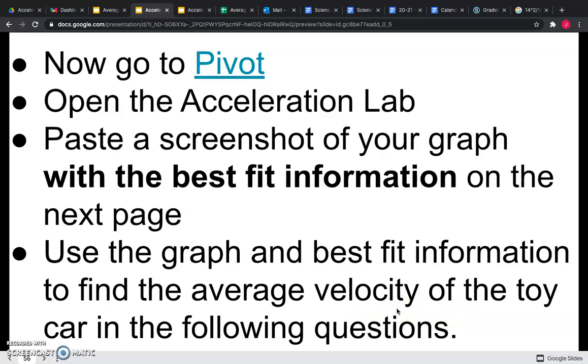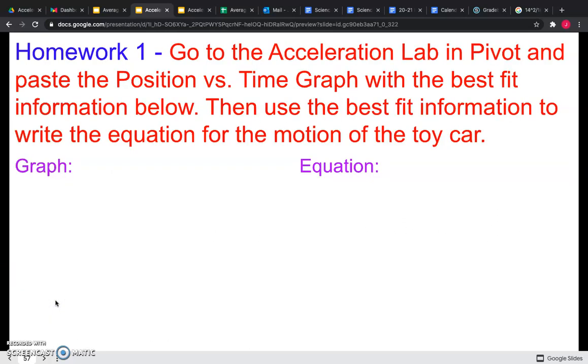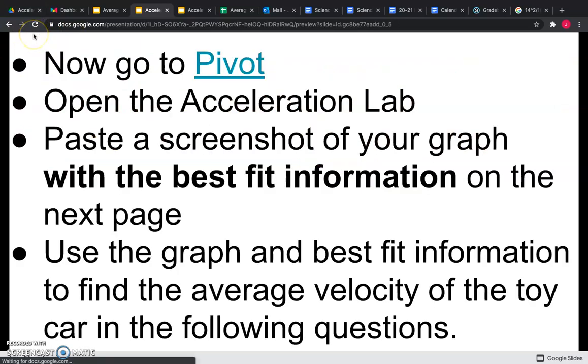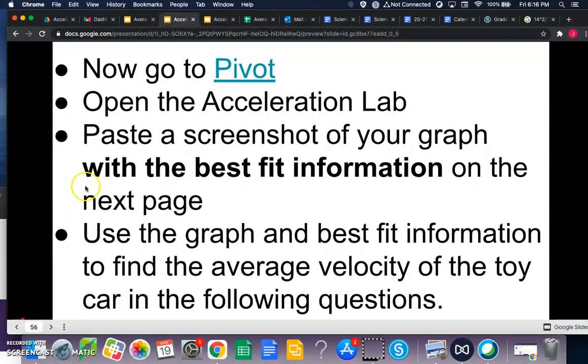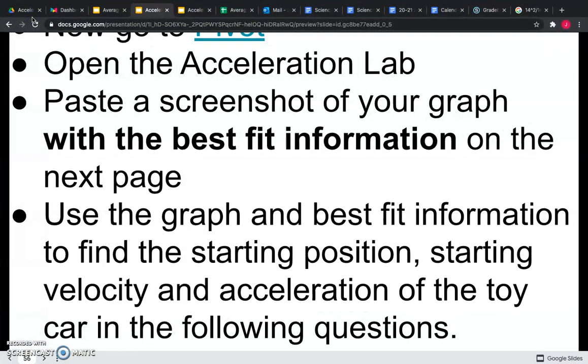Well, hold on 1 second here. Let me fix this. Sorry about that. So you're going to use the graph and the best fit information to find the starting position, starting velocity, and acceleration of the toy car in the following questions.